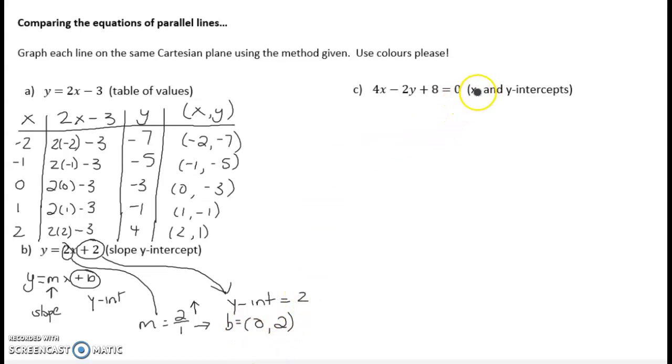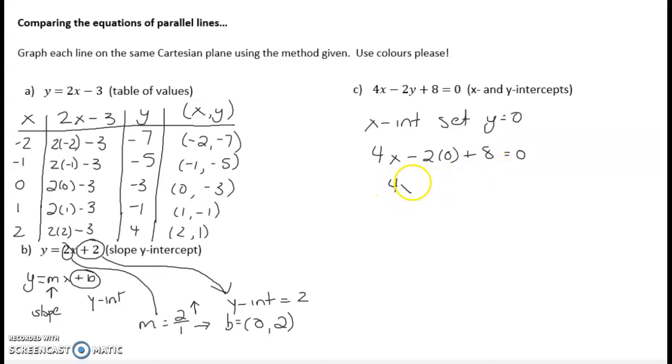Now, last one, they want us to do x and y intercepts. So when we do the x-intercept, we set y equal to 0. So let's do that one first. So 4x minus 2, but it's times 0 because we're doing the x-intercept, plus 8 equals 0.